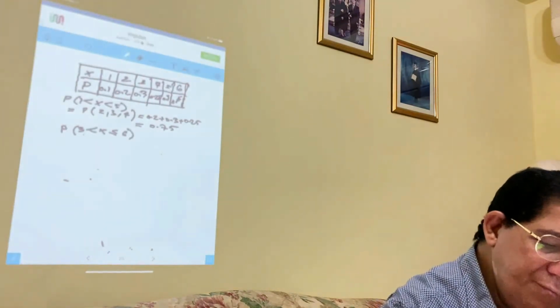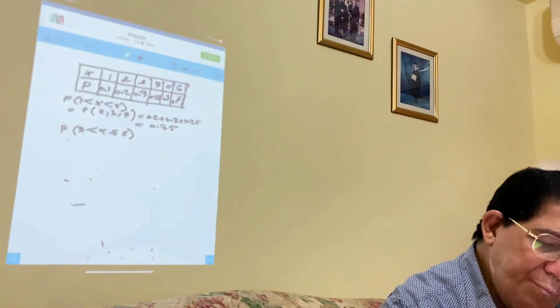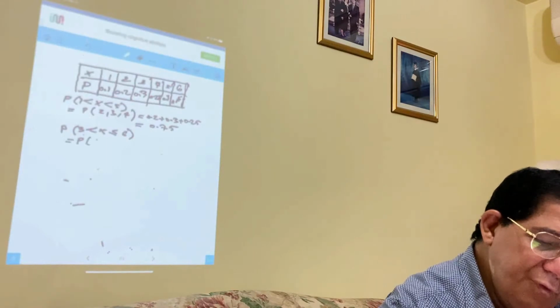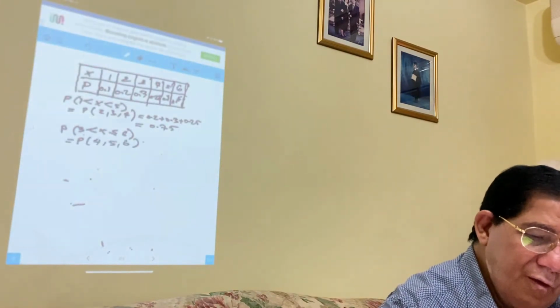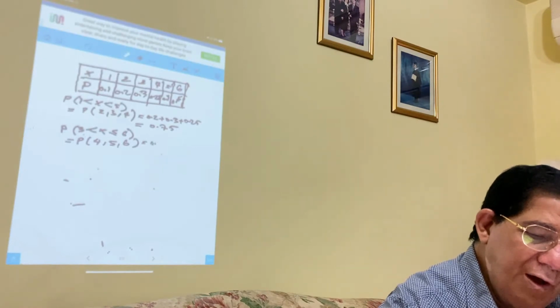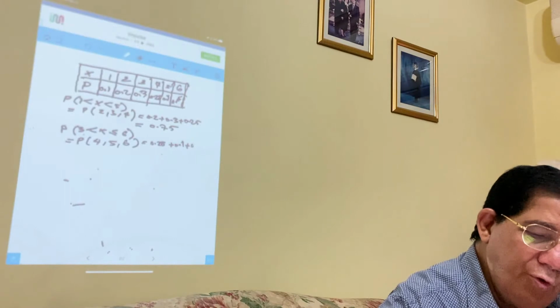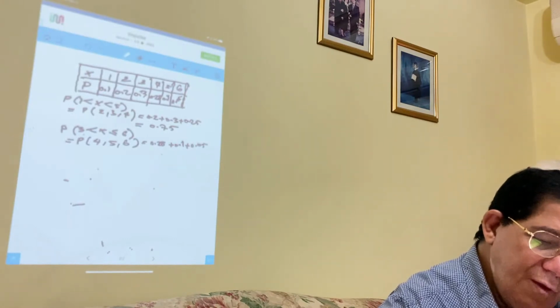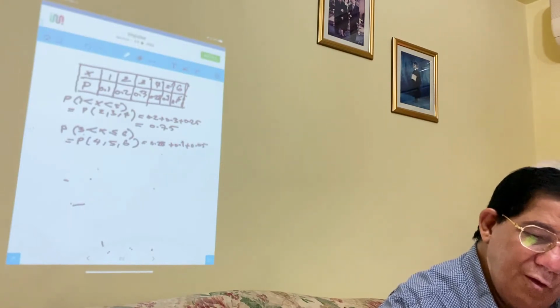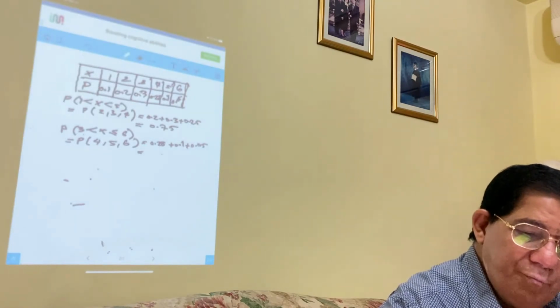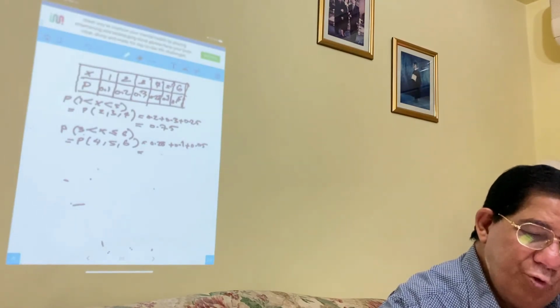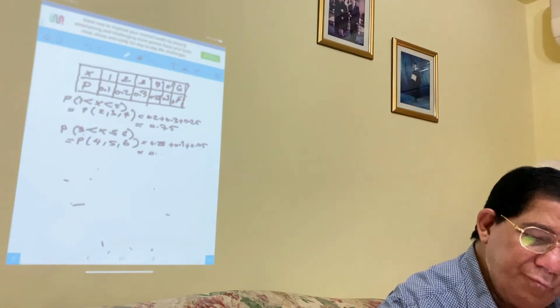This means the probability of 4, 5, and 6. 4 is 0.25 and 5 is 0.1 and 6 is 0.05. Right, 0.1 plus 0.05 is 0.15, plus 0.25, 0.4.